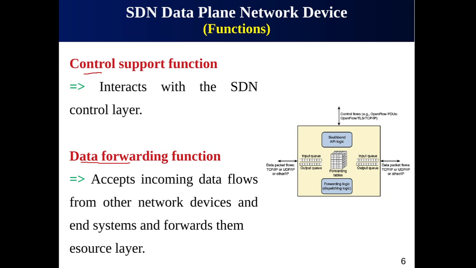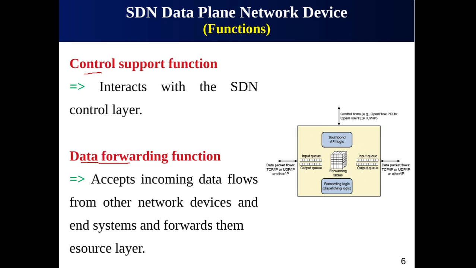But again, those rules have to be defined by the SDN control layer. Okay, so the rules are copied from there. We actually followed them here for forwarding the packets.